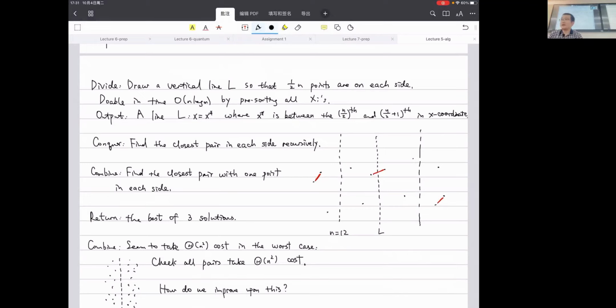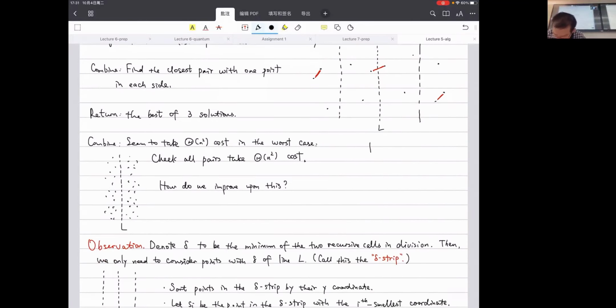In the recursion, you still need to call the closest pair. Let me draw a tree like this. n equals 12. You have the left part and the right part, each with n equals 6.